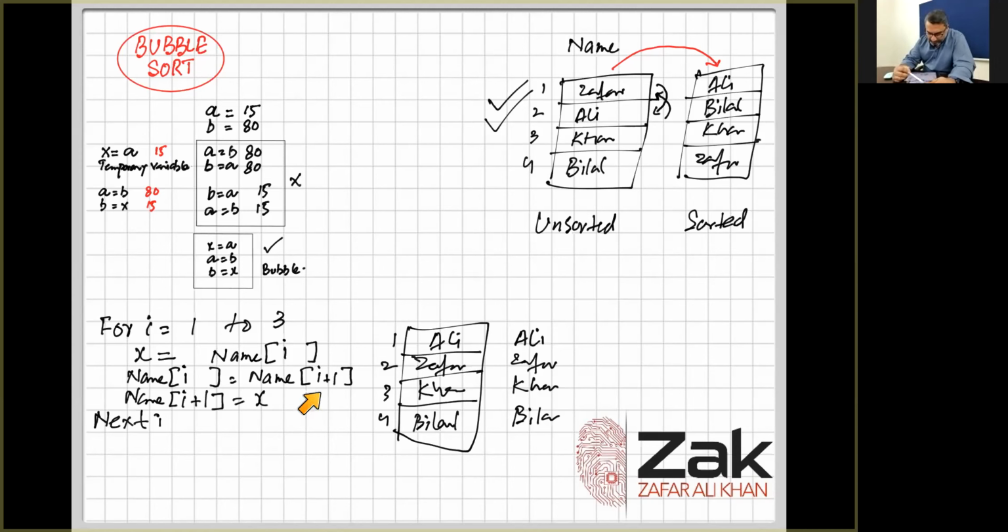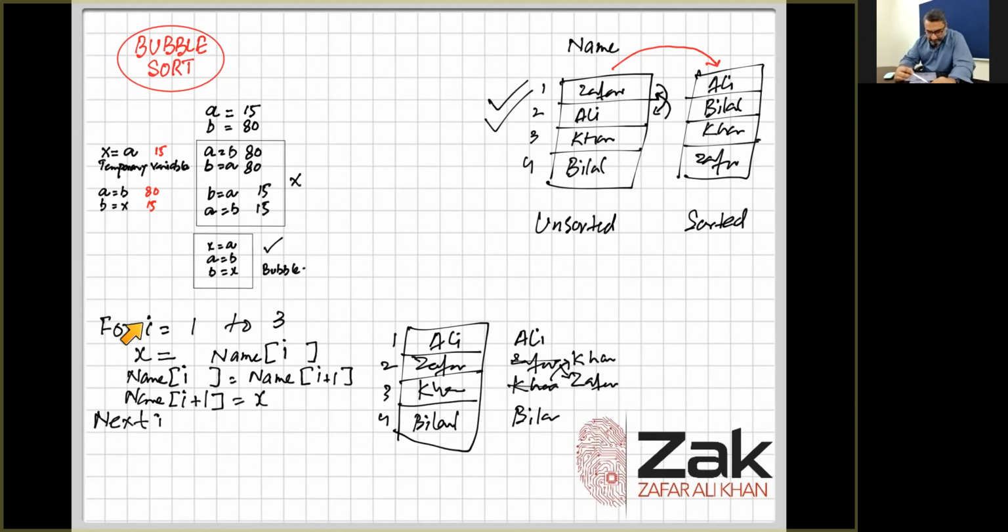Name 2 is equal to name 3 because I is 2, so I plus 1 is 3. So this Zafar now becomes Khan, and name 3 is equal to X, which was Zafar. So it has become now this. This Zafar has been removed. It has come down here and Khan has gone up.